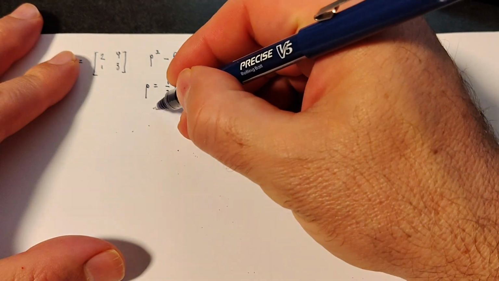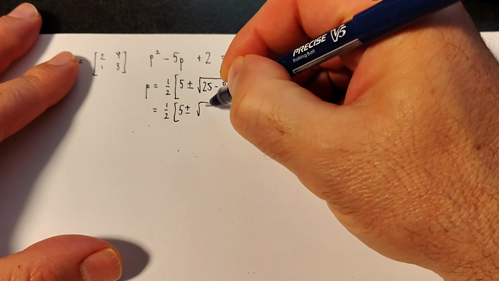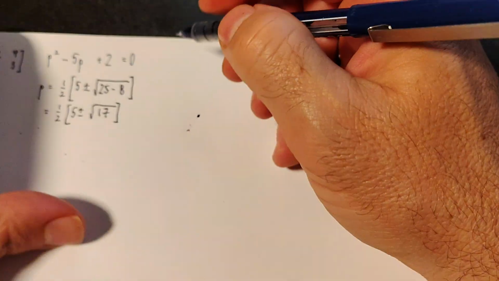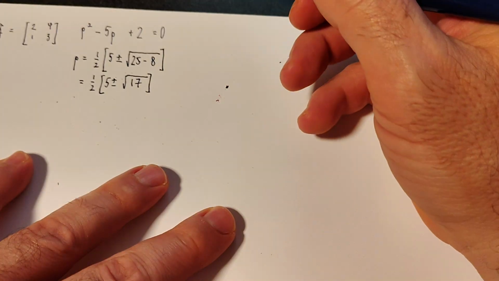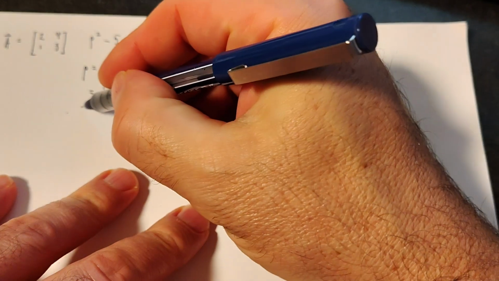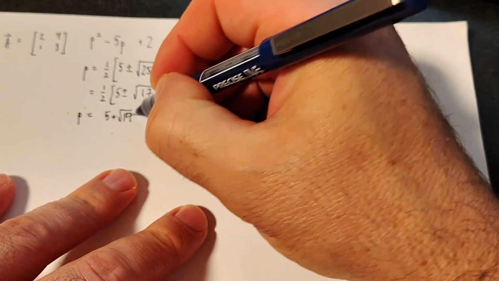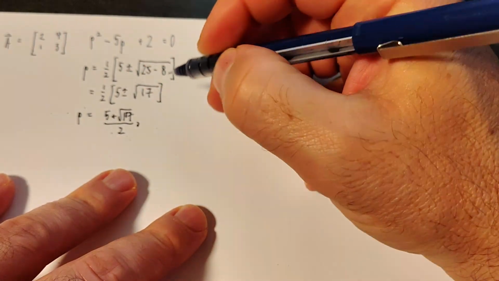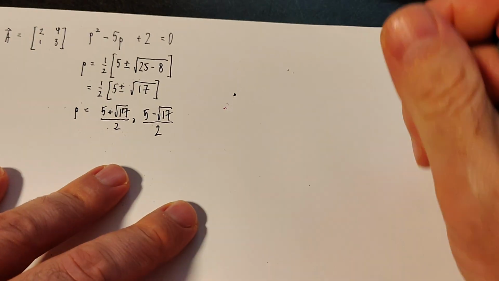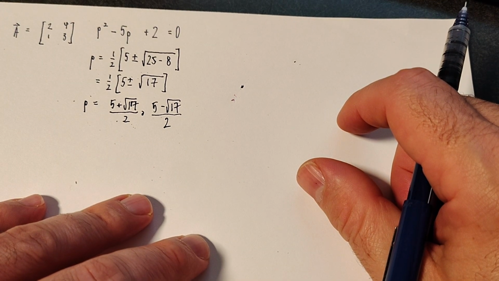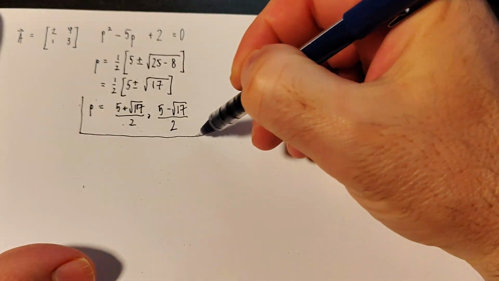This is equal to 17, so this is 1/2 times 5 plus or minus the square root of 17, which tells us the two eigenvalues we have, because we're going to have 2 of them since there's a plus and minus here. We're going to have rho is equal to 5 plus root 17 over 2 and 5 minus root 17 over 2. Okay? So this is essentially how we solve for eigenvalues, right?